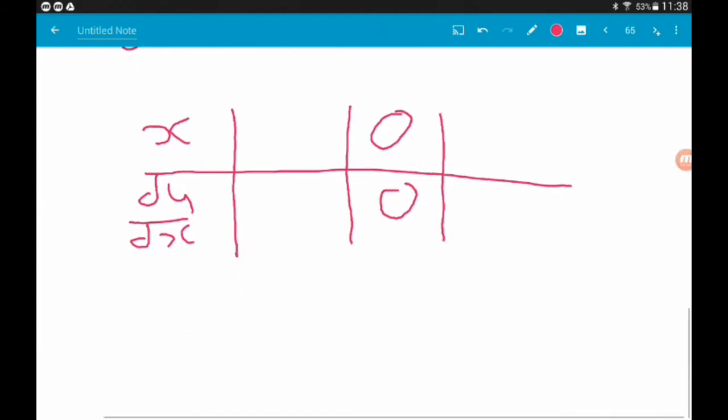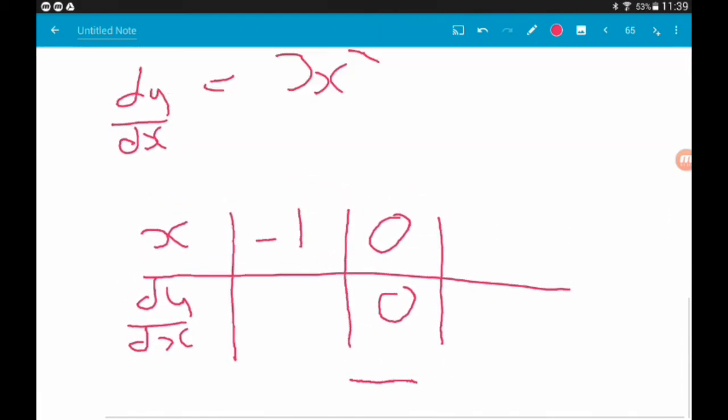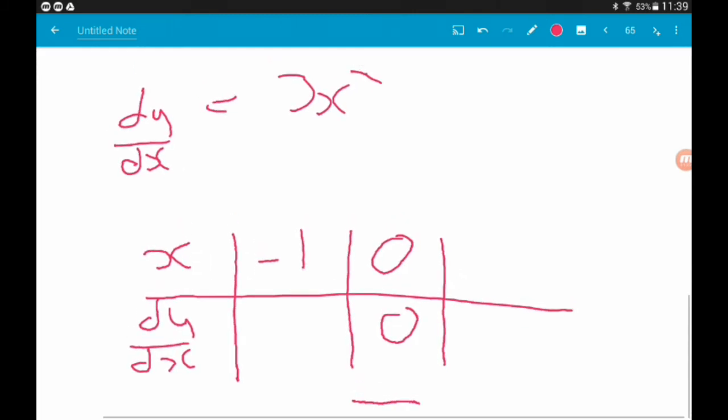So, in terms of the gradient of the line there, it's a horizontal line. So what we're going to do now, we're going to go somewhere to the left of the stationary point. The first nice point there would be -1. So what we're going to do is substitute -1 into 3x squared. So -1 squared is positive 1, multiplied by 3 is going to give us 3.